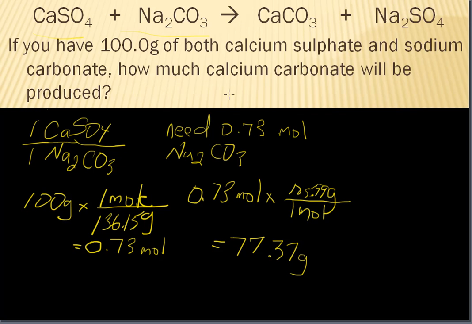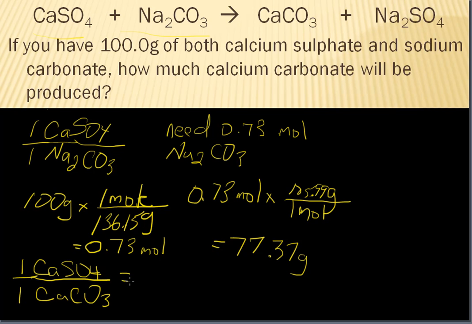So what that means is we can go ahead and start our calculations to figure out the answer of how much calcium carbonate would be made using calcium sulfate. So now we're going to be comparing calcium sulfate to calcium carbonate, because calcium sulfate is our limiting reagent. And again, we see it's a 1-to-1 ratio. So we're always going to put the limiting reagent on top. That's our rule. Always put the limiting reagent on top. And then put what we're looking for on the bottom.